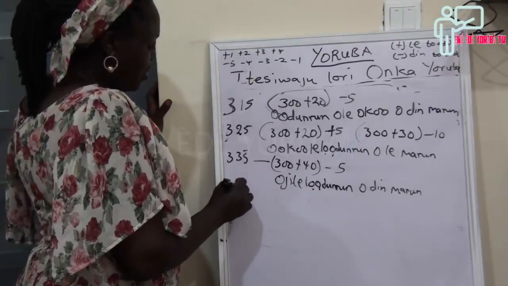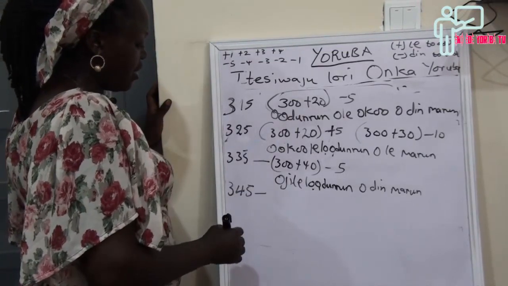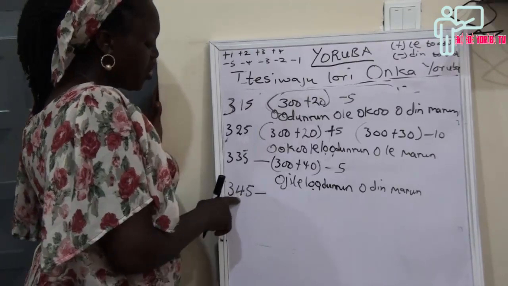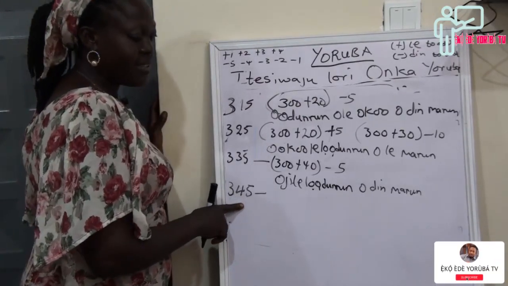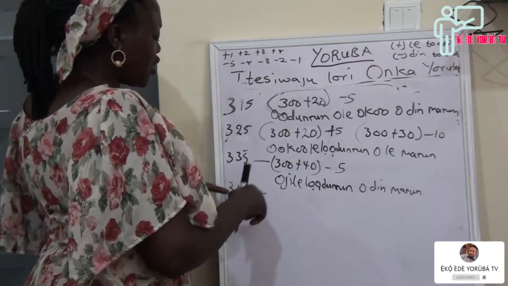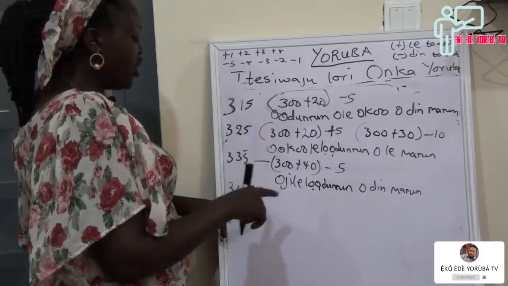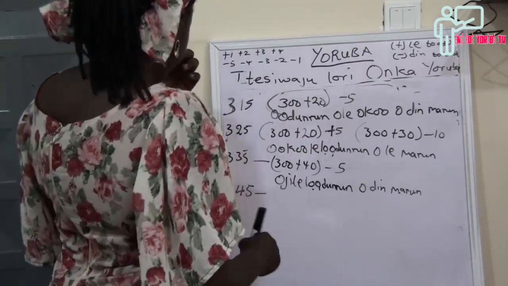So this one now be 345. 345 will now be, you know, this one is 45. When you remove it from 50, that is àádọ́ta. So we can also say òjìlé lọ́ọ̀ọ́dúnrún ó lé márùn-ún.